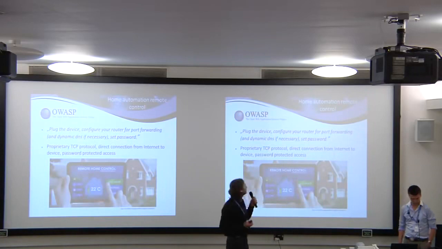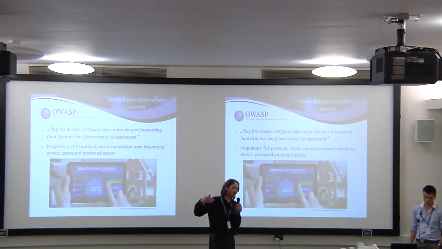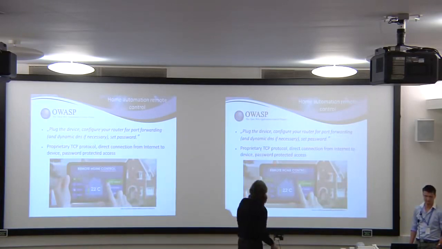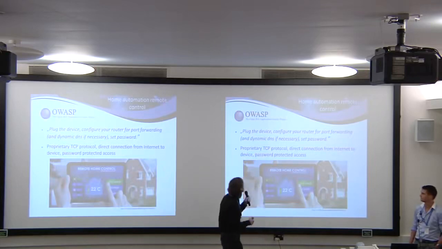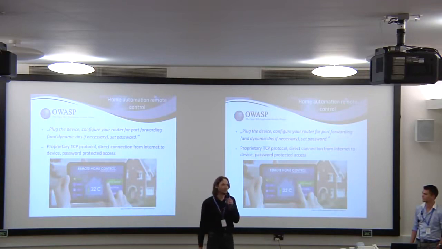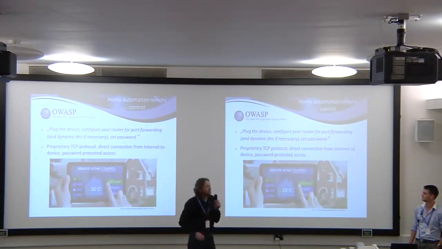You configure your router for port forwarding to direct access from the internet to this appliance. Yeah, that's strange, but that's how it works. And there's a proprietary network protocol which connects directly to this appliance, and the connection is secured by a password.